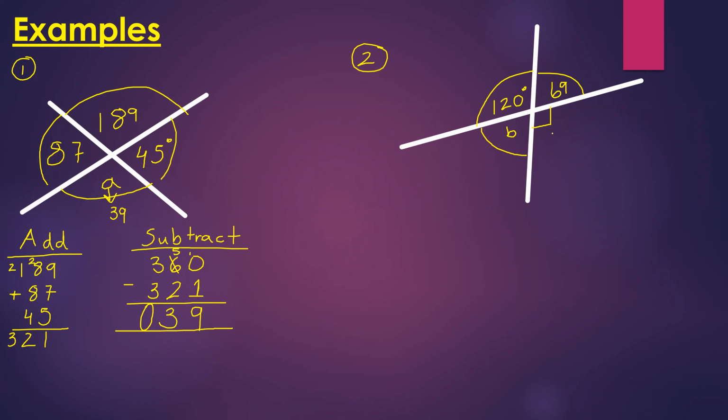What does this box indicate? 90 degrees. Very good. And so that means that we have 120, 69, 90 degrees, and B. So we have to basically first what? Add, right? Yes, add. Good.